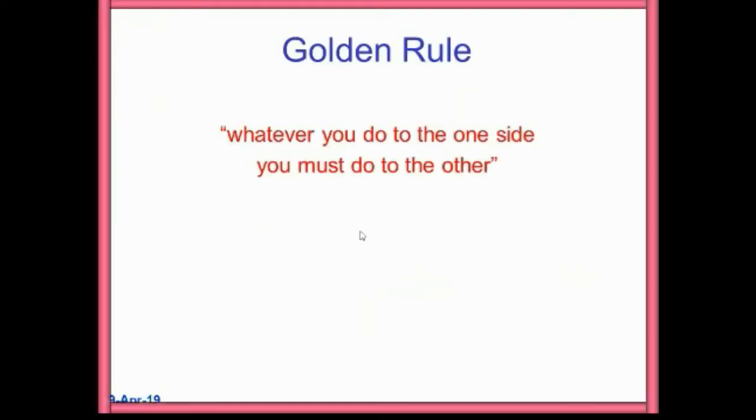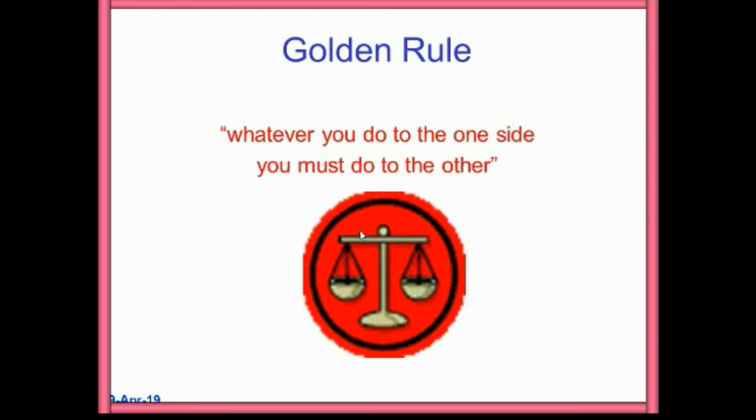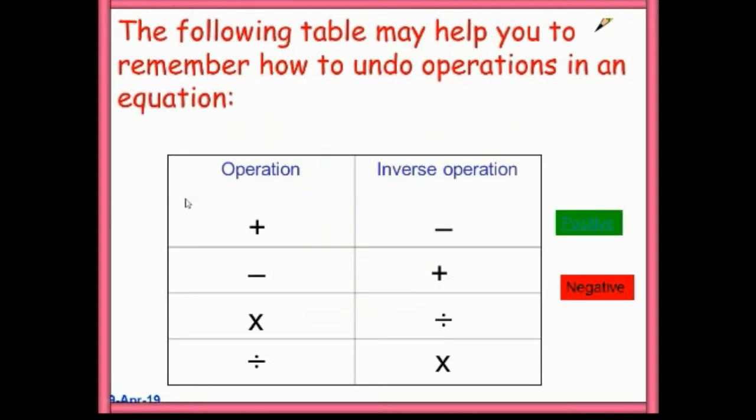Now again, the golden rule: whatever you do to one side, you must do to the other side. And this we call the golden rule. If you understand this, equations will be a piece of cake. So now the main thing: if you need to get rid of plus 2, you have to use minus 2 on both sides.